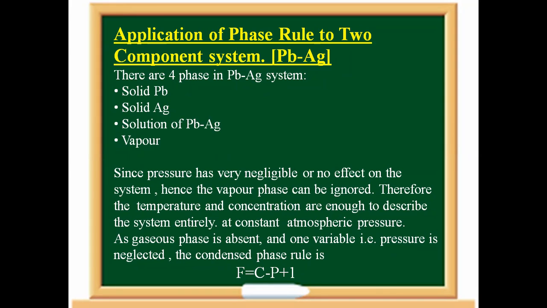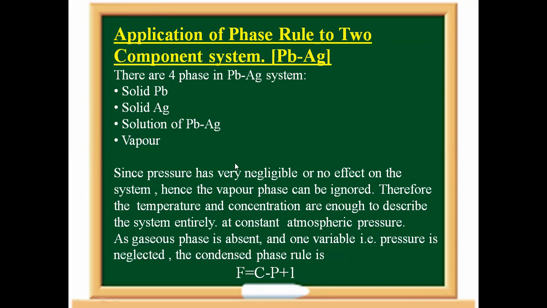So the new phase rule which is formed is condensed, and that condensed phase rule is called the reduced phase rule, which is given as F is equal to C minus P plus 1.